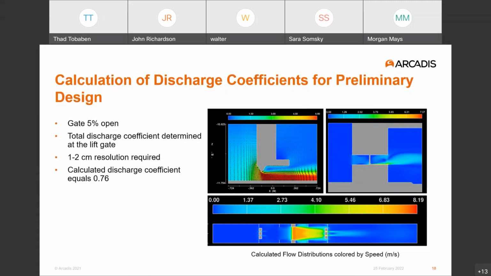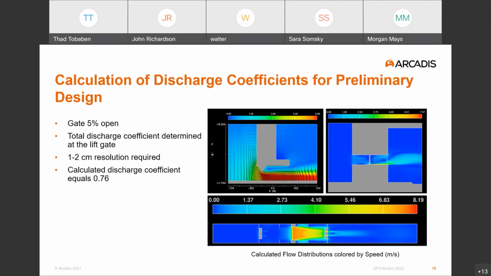The mesh resolution, or the size of the control volumes in the calculations, varied significantly, at least in the vicinity of the gate. You need to be using control volumes that are about 1 to 2 centimeters in size in order to get results which are grid independent.